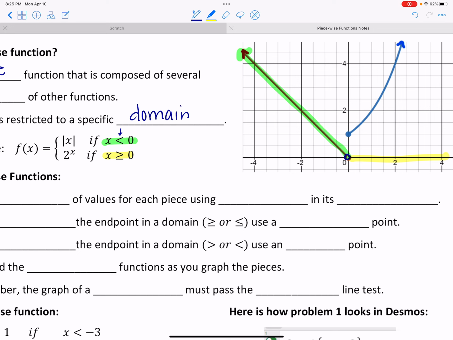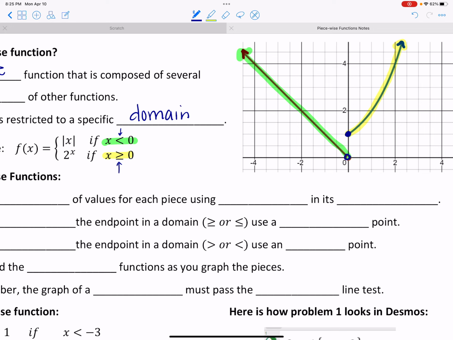For the x's greater than or equal to 0, the exponential piece of my function, again starting at an x value of 0, would be this portion of that graph. So just that piece of it. Now notice here, these are for x's greater than or equal to 0. That means include the 0, and you'll see that closed point starting that graph. And if we put a vertical line anywhere on this graph, we're going to only pass one time.